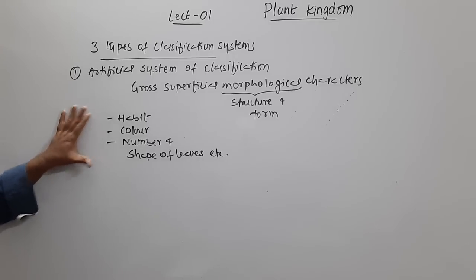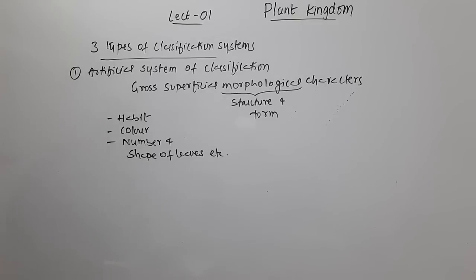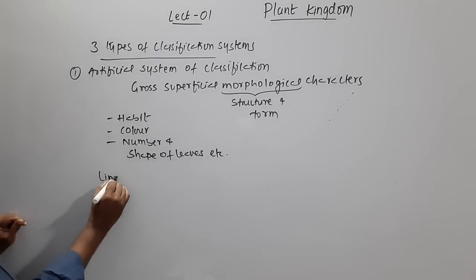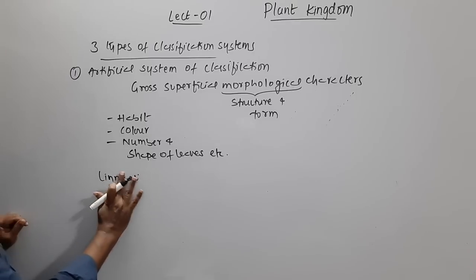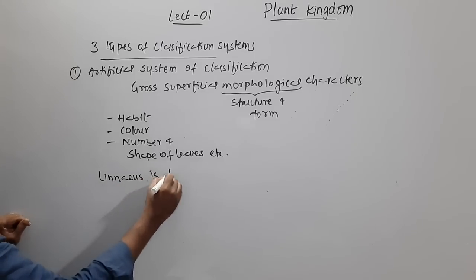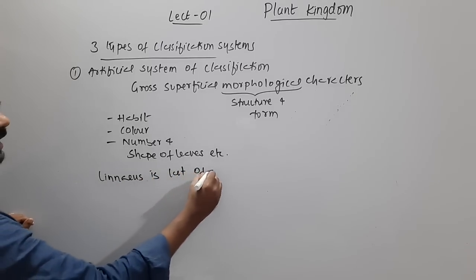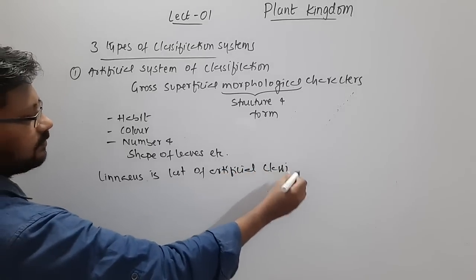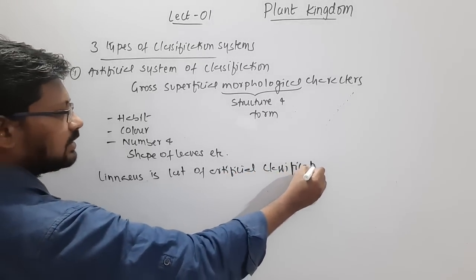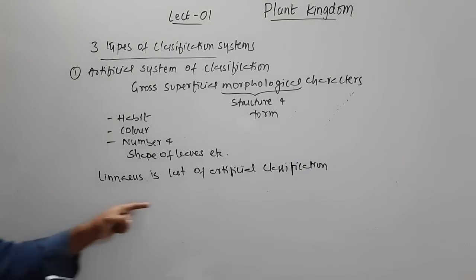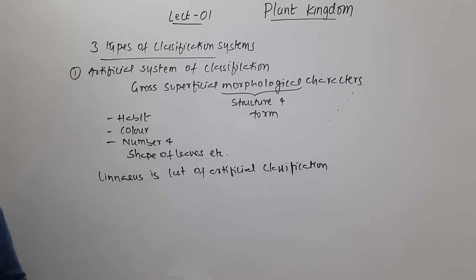Here Linnaeus's classification is the last of the artificial classifications. It is the last classification under the artificial system of classification.